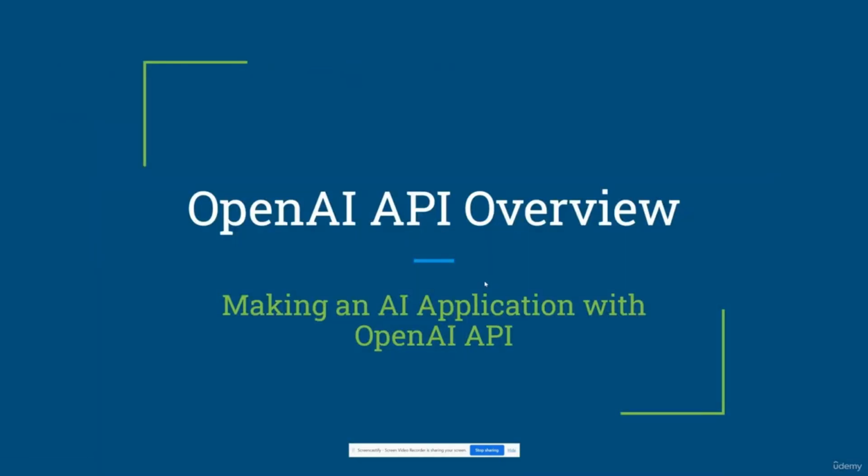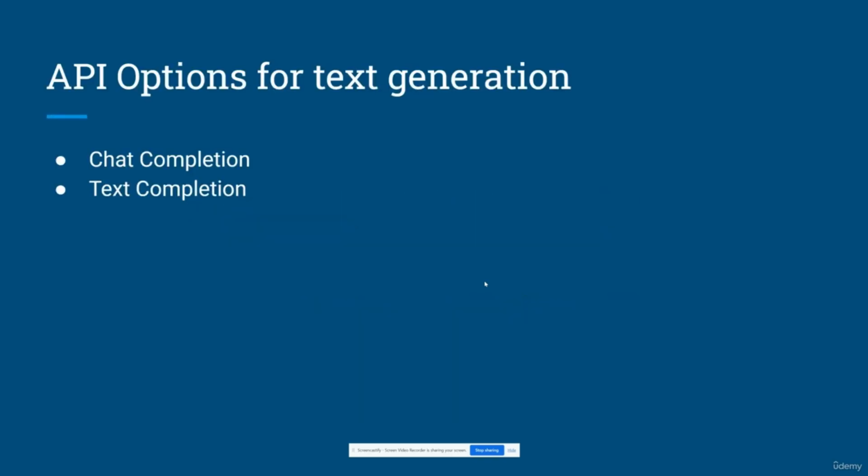Now we're going to go over a high-level overview of the OpenAI API. And this is a preface before we start working with the API in our trial and example classes. So the API options for text generation include two endpoints. One that's chat completion, which takes context into account, which we'll go over later in this lecture and following lectures.